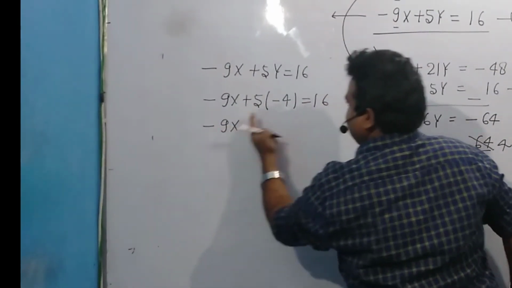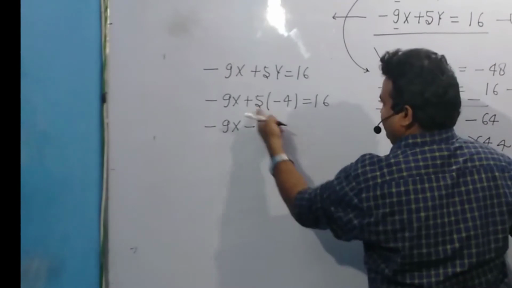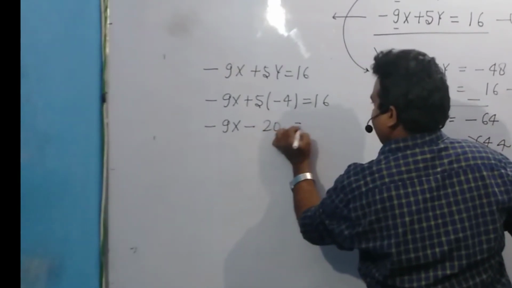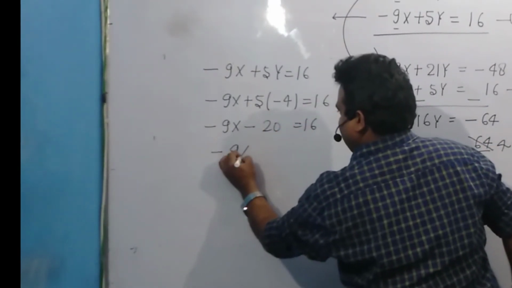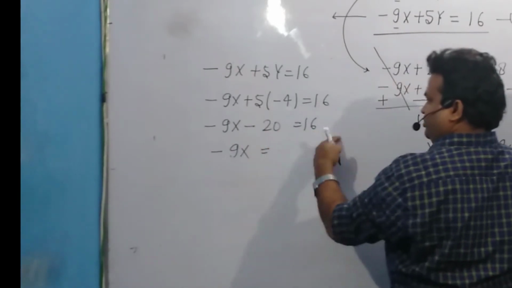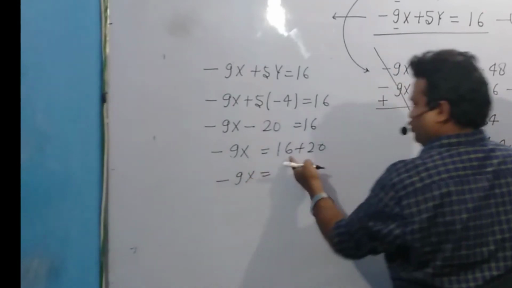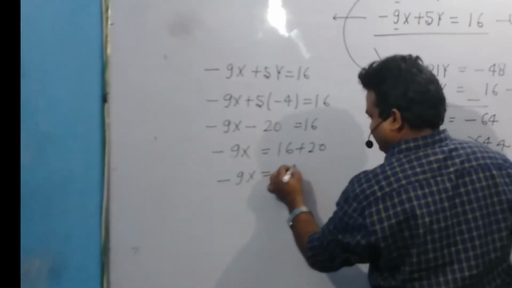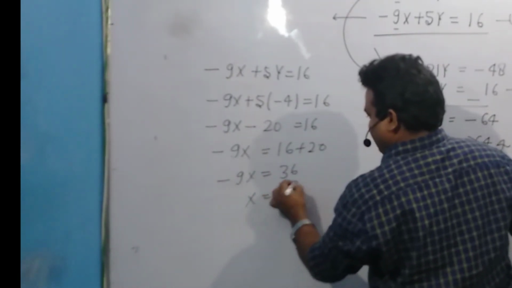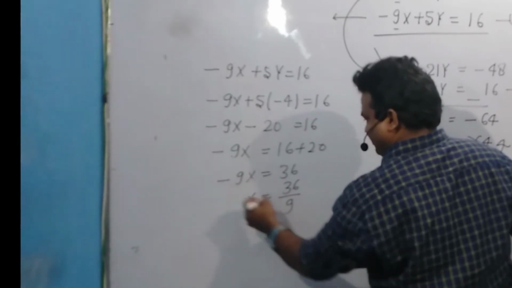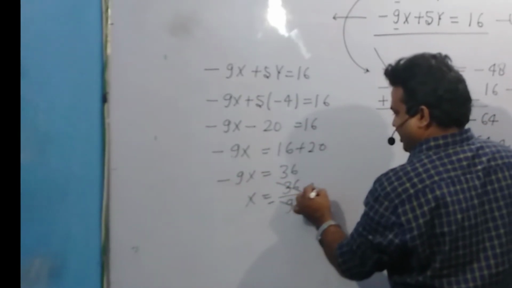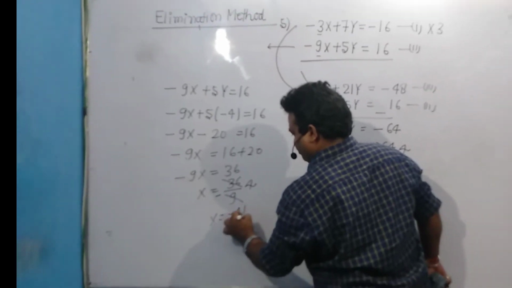Minus 9x, this plus and minus gives minus sign, 5 fours are 20, is equal to 16. This is minus 9x, and this is 16 plus 20. So minus 9x is equal to 20 plus 16, which gives 36. So what is the x value? 36 divided by 9 with negative sign. 9 fours are 36. So x is equal to minus 4.